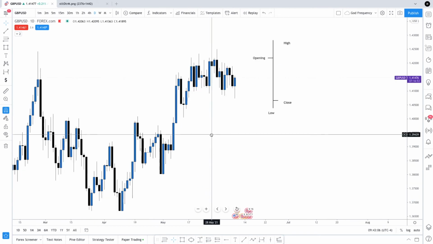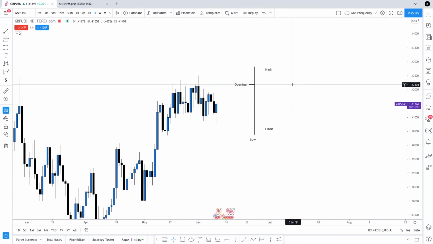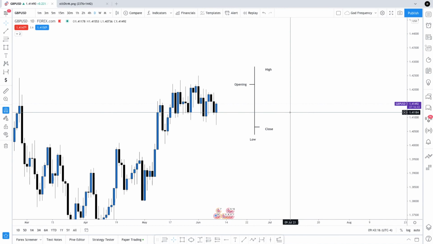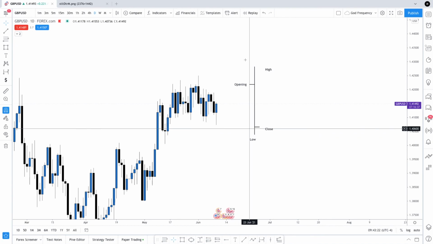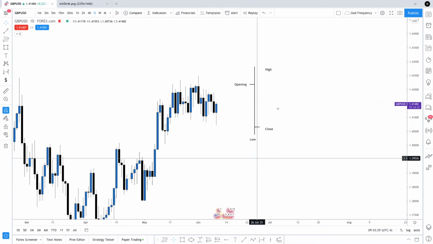And you can see this throughout your charts. It's very simple. This is a no-brainer approach on how you read candlesticks. I'm not a candlestick pattern trader, so I don't care what the pattern is showing me. I care more so where did we open, where was the high, where was the low, where was the close.